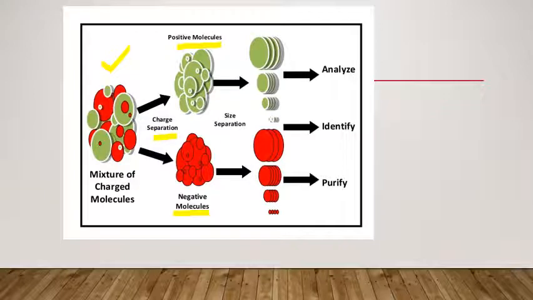So it is the charge separation, and then we have the separation on the basis of size. So here you can easily identify the larger size to the smaller size, and we can go for analyzing, even for purification, on the basis of the charge. It can be easily separated. So this is an idea of how, if we go for the separation of the sample by this method, we can understand it more easily.